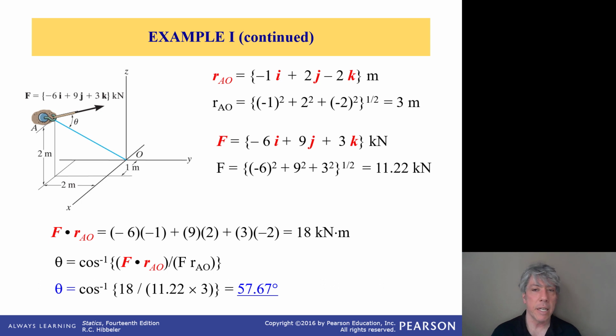So we know that 18 kilonewton meters is the scalar value of F dot RAO, and then we have to divide by the magnitude of the force, which is 11.22 kilonewtons, and divide by 3 meters. So you see that's what's done there. Then take the inverse cosine. We find that the angle between those two is 57.67 degrees.